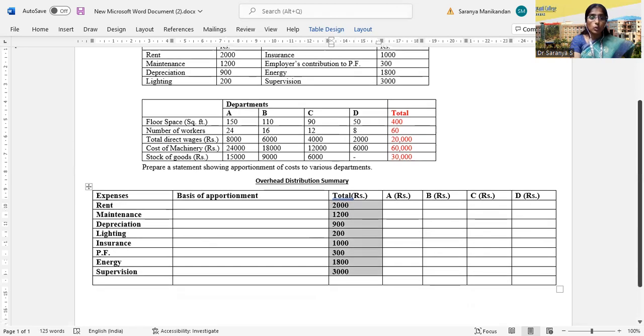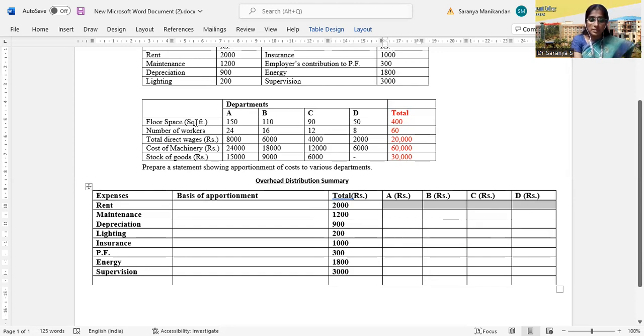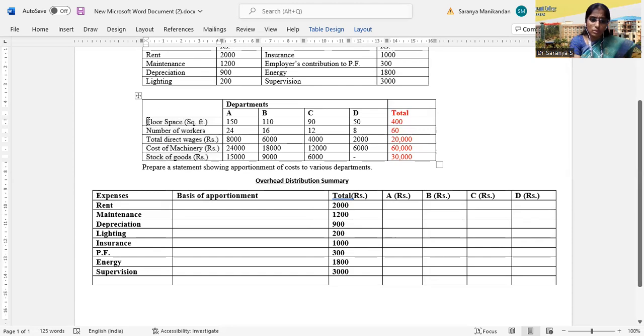Now we need to apportion the rent amount of 2000 to the departments A, B, C, D on some basis. When we go through the basis table, we have to select the best basis on which we can apportion the rent. When you go through rent, obviously you'll pay based on how much area we have occupied, correct?